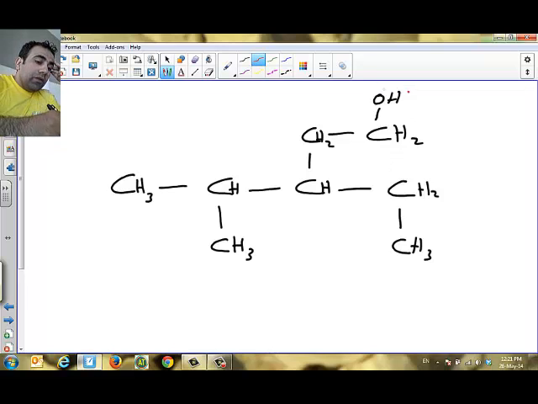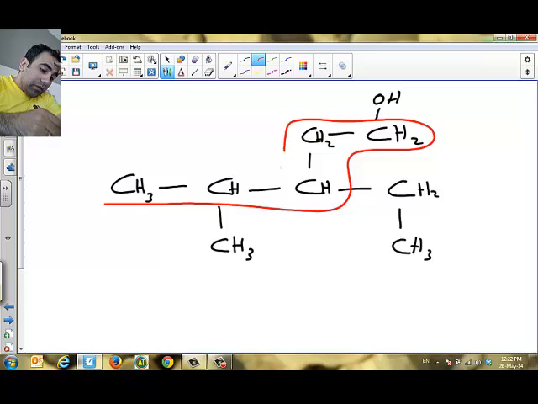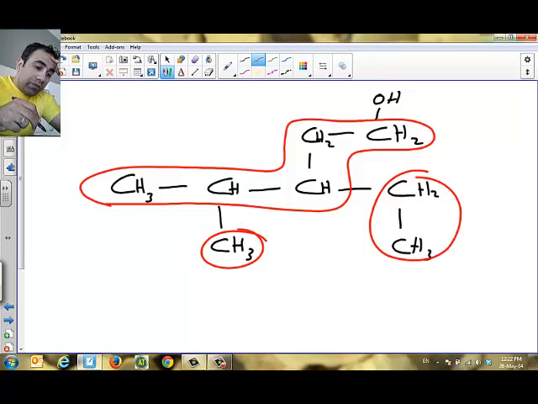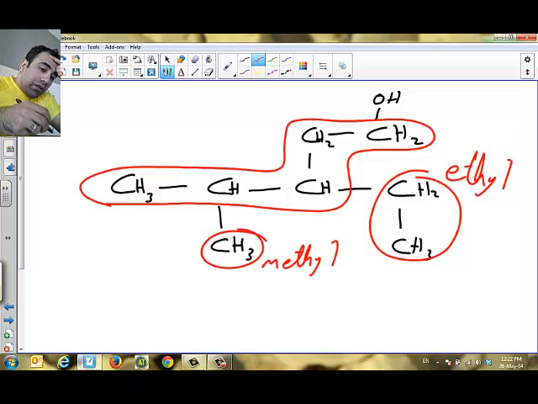Because this compound contains OH, it means it belongs to the group alcohols. How can we name this compound? Sure, we have to take the longest chain that includes the OH. It's going to be like this. So here we have one group and here we have another group, and this one is called methyl, this one is called ethyl, and sure we have to start numbering from here. 1 2 3 4 and 5.